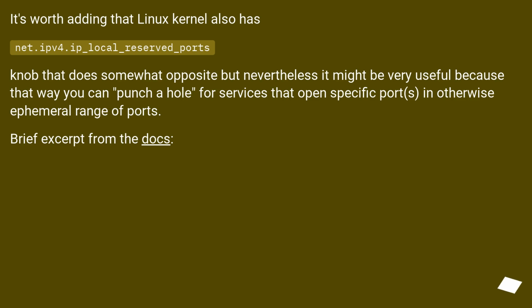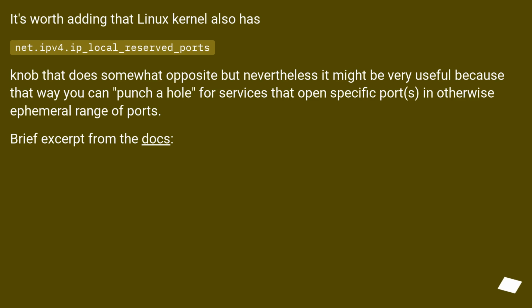It's worth adding that Linux kernel also has the net.ipv4.ip_local_reserved_ports knob that does somewhat the opposite, but nevertheless it might be very useful because that way you can punch a hole for services that open specific ports in an otherwise ephemeral range of ports.